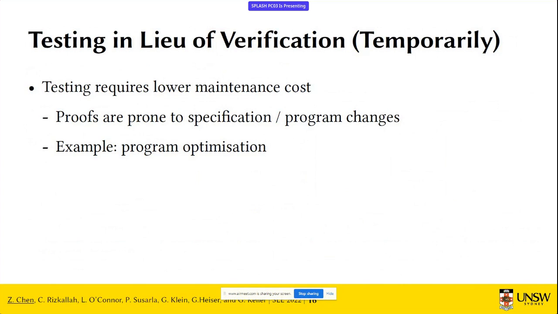An extreme example is when you optimize your program: the specification and the functionality don't change, but the proof may break, because you really need to know the internals of your implementation, and you need to find a different proof tree to reestablish your proof. But for tests, there's no such problem. They're only concerned with the input and output.